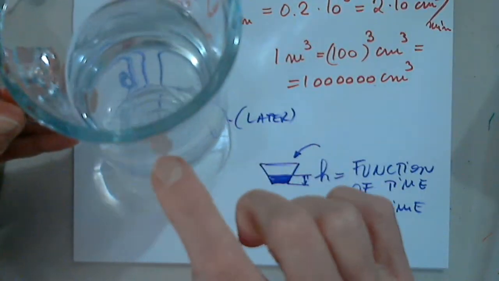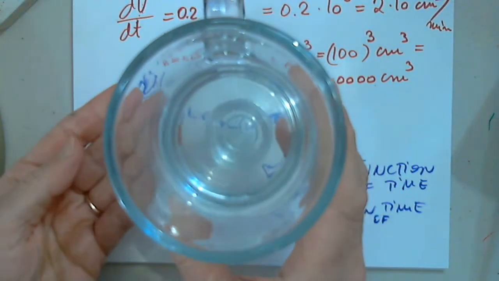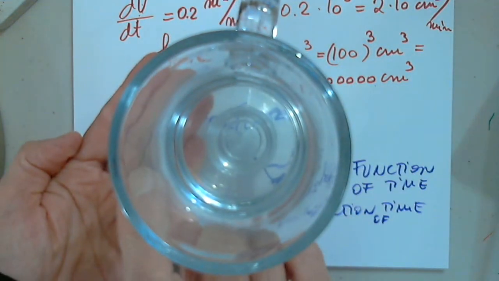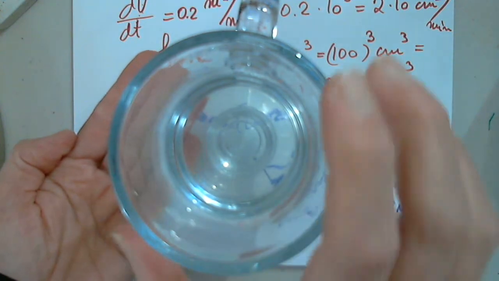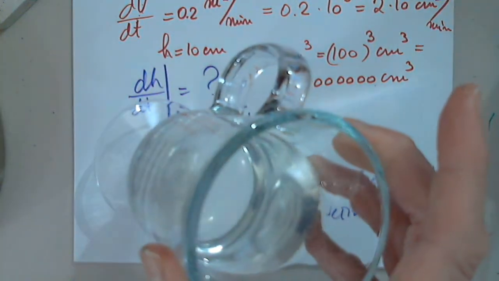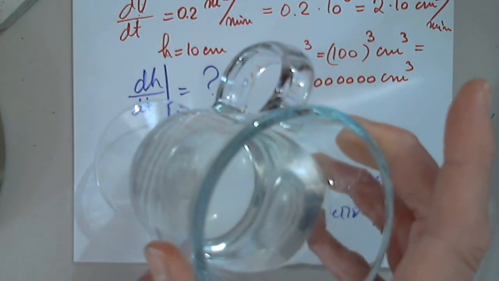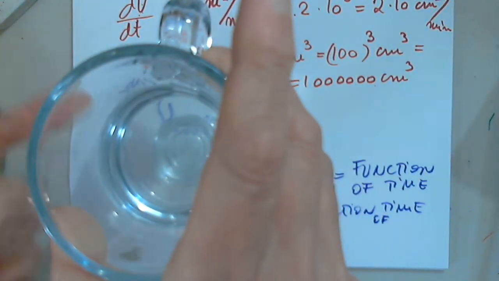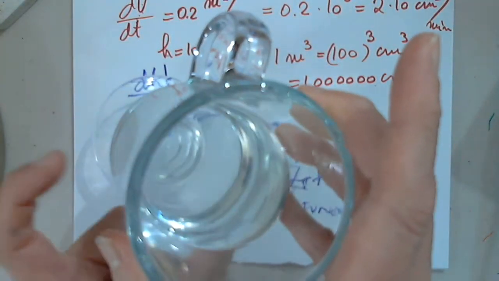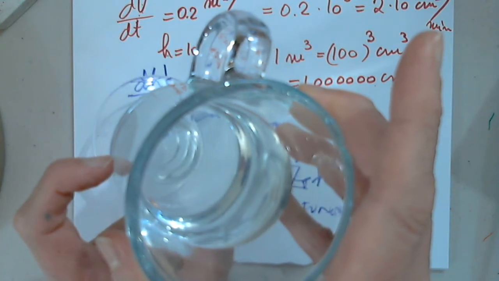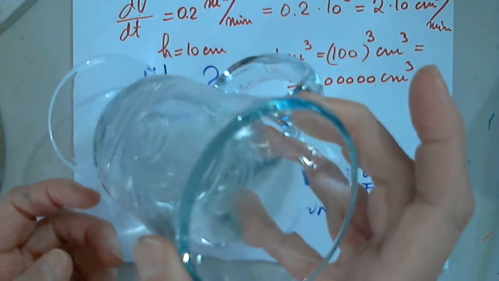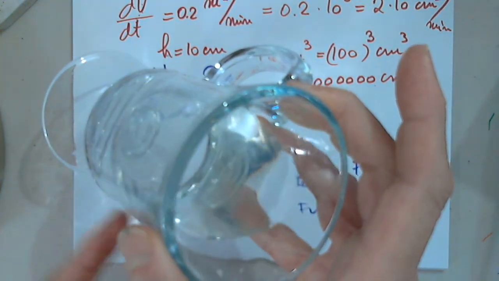I can look at the volume of water as the area of the base times the height. This is not cylindrical, but I can tilt it and say area of the base times the height, or the area of the base times this height.